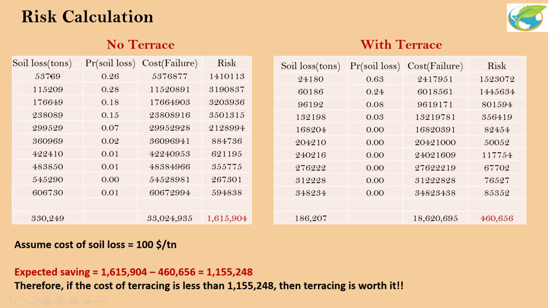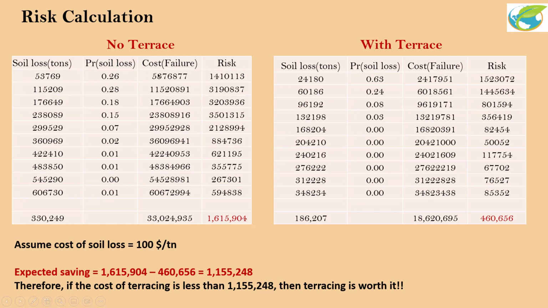So you can find from the literature what is the cost or what is the price of losing tons of soil. So here I assume that it's $100 per ton. It's just an assumption. I didn't check with the literature. And if you do, you will find the numbers. So that would be the cost of failure, right? It's this times 100.